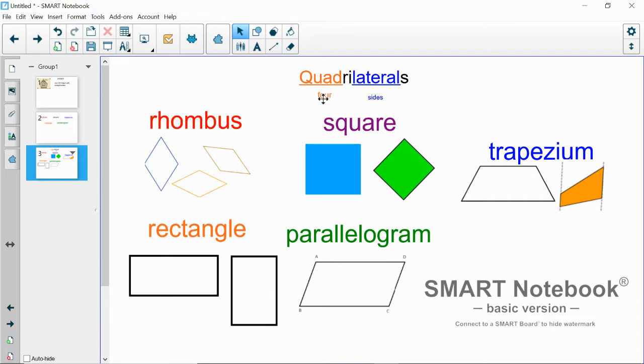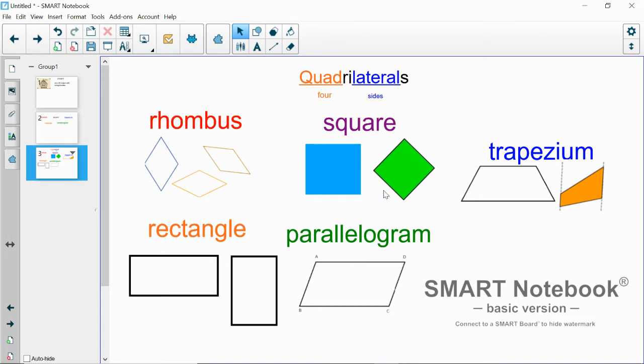Quad is 4, and lateral means side in Greek. So 4 sides, quadrilateral. So a polygon that has 4 sides is a quadrilateral. And these 5 shapes are all examples of quadrilateral shapes. A rhombus, a square, a trapezium, a rectangle, and a parallelogram.